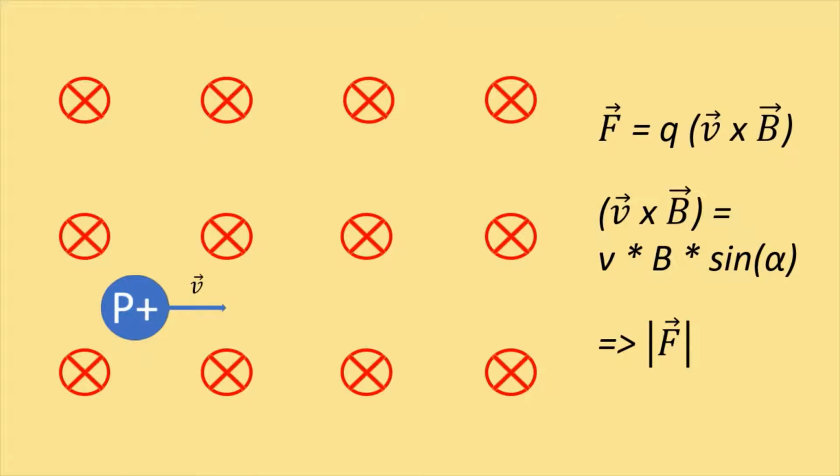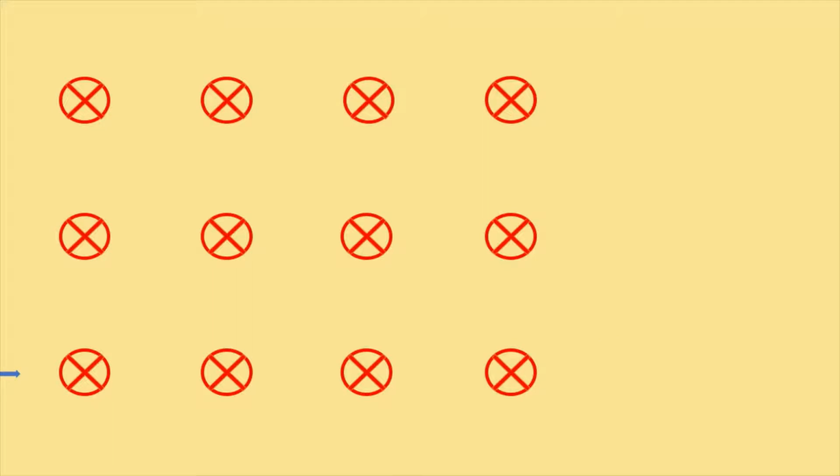And now comes the little bit tricky part, where we will use what's called the right hand rule to determine the direction of the force. You can see that the direction could be anywhere, but we want just the one arrow. Okay, so let's have our magnetic field and our proton, and now we will use our right hand to find the direction of the force.